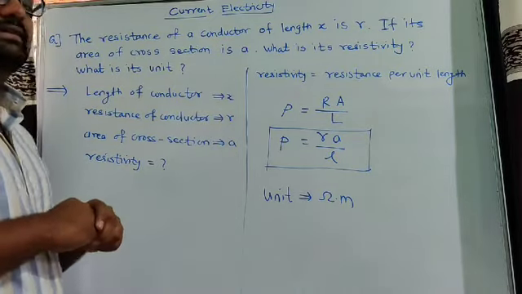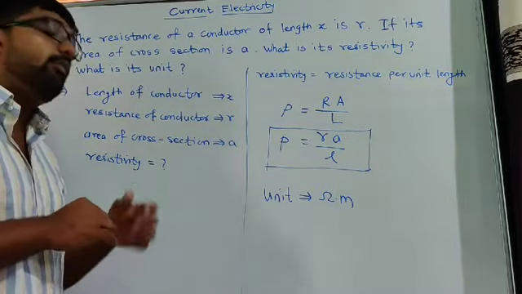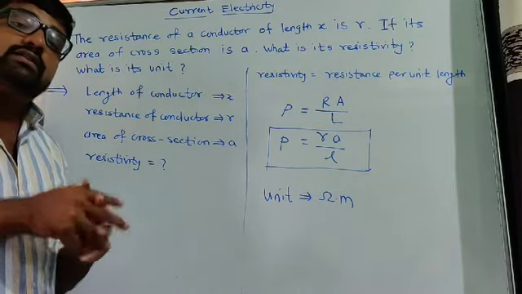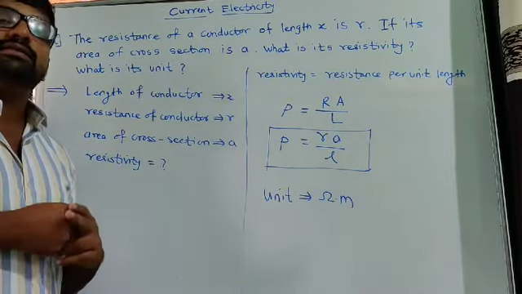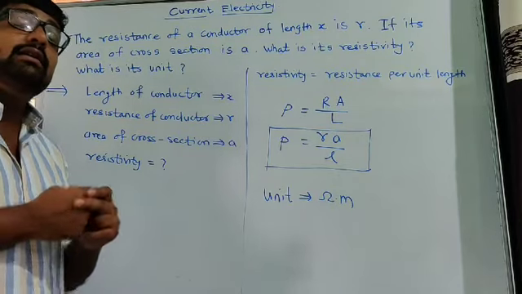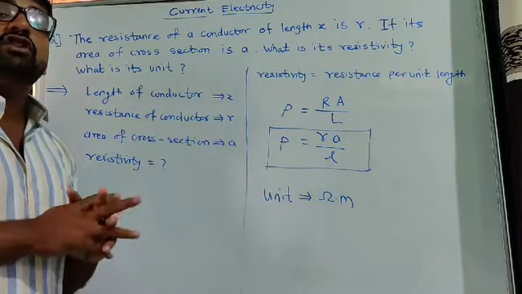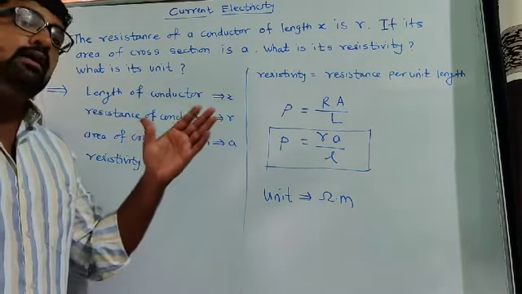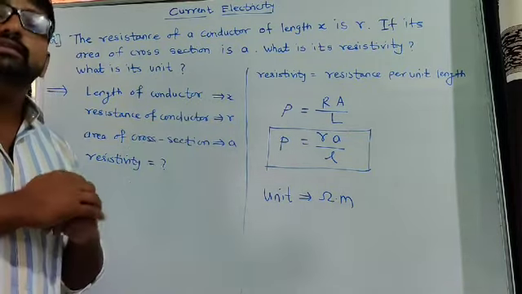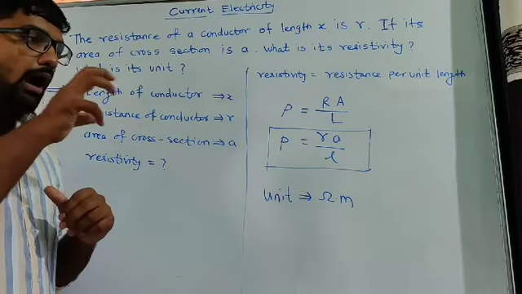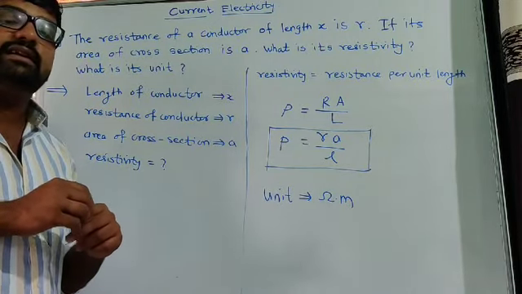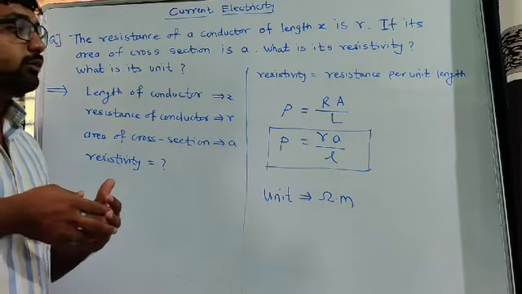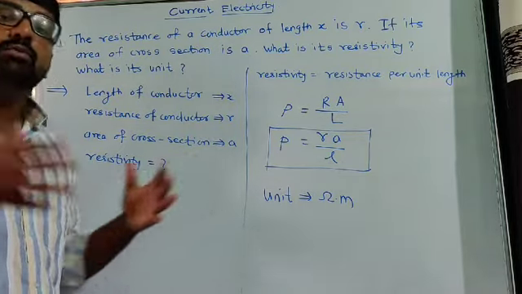We studied the concept of resistivity. Resistivity simply gives us the exact value of resistance present in a particular dimension of a conductor. Suppose a 100 centimeter wire is given, then how much resistance is present in that 100 centimeter wire, that we can exactly calculate by knowing the dimensions of that wire.